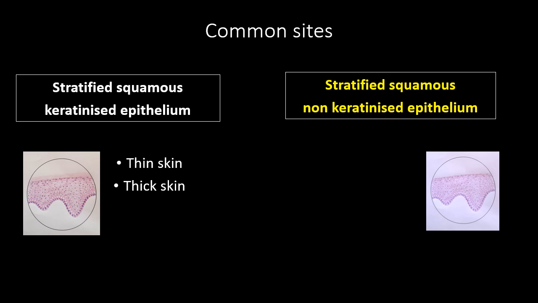Similarly, the tonsil, which is present in the oropharynx, also has stratified squamous non-keratinized epithelium. Once the food enters the oral cavity after chewing, you swallow it, and through which region does it reach the stomach? It is through the esophagus.